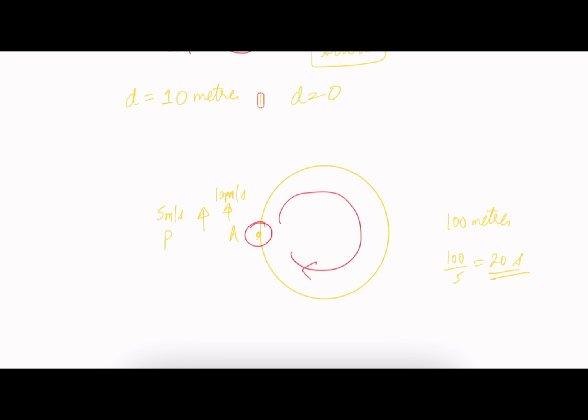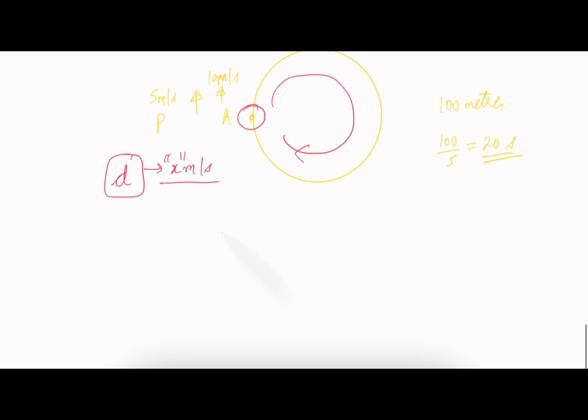So regardless of the distance D, as long as their relative speed is x meters per second, it is guaranteed that they're going to meet at the same distance from the start of the cycle.